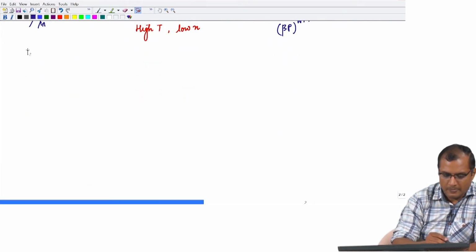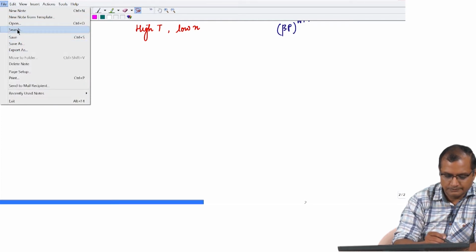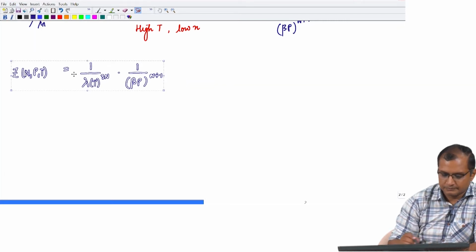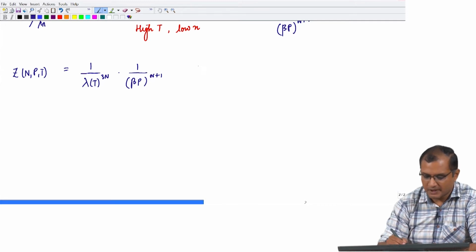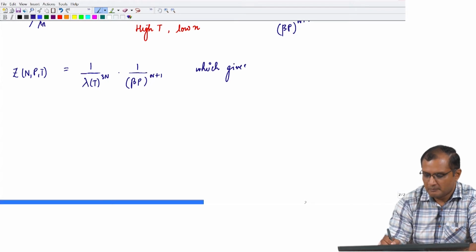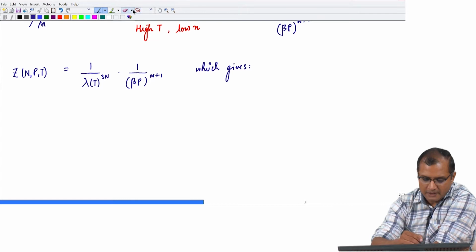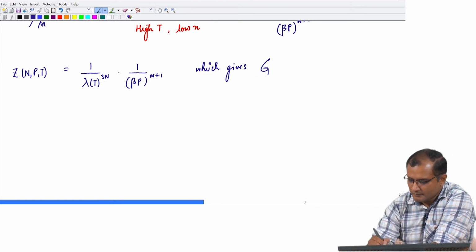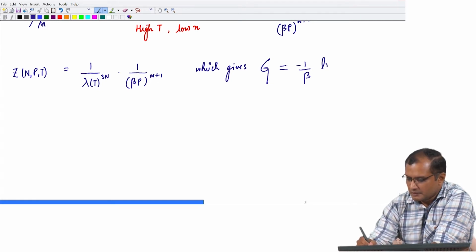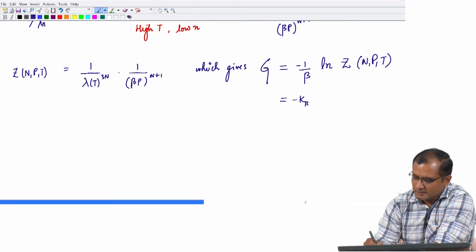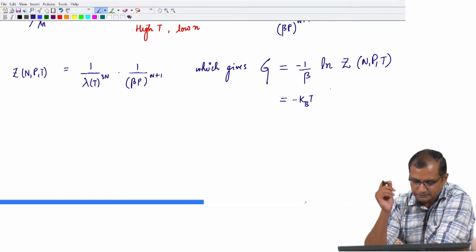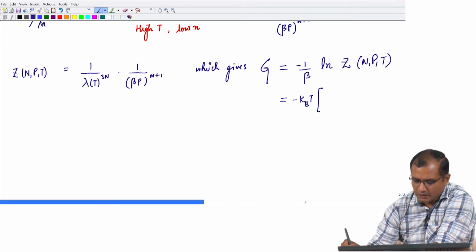Here. So, I can, which gives me the Gibbs free energy, that is minus 1 upon beta logarithm of the Gibbs canonical partition function, and that is nothing but minus kBT, and if you take the log of this, what you basically get here is, so I am going to take the logarithm of this.